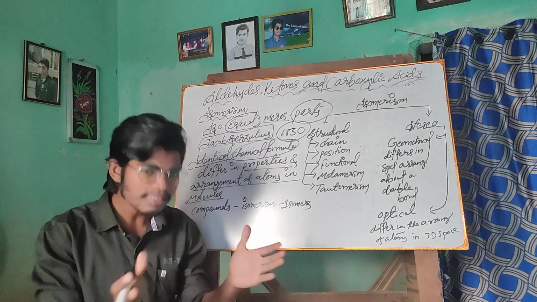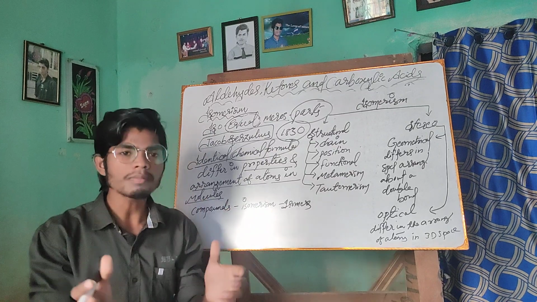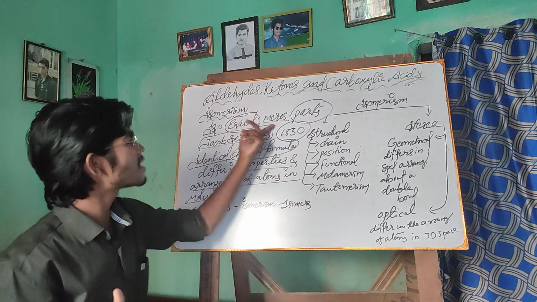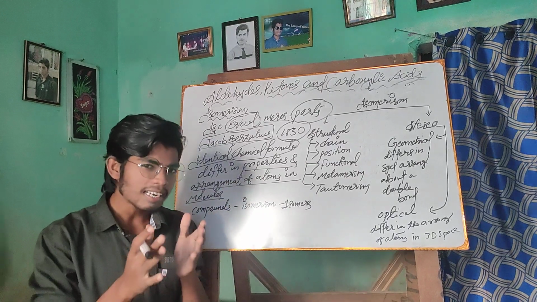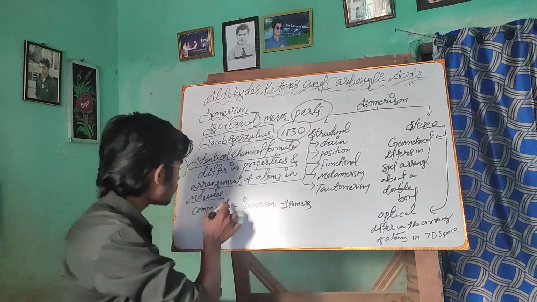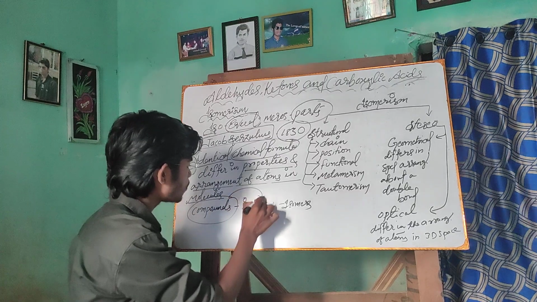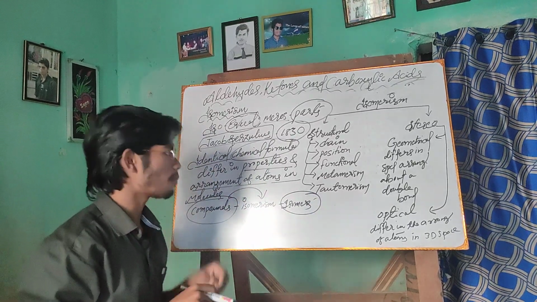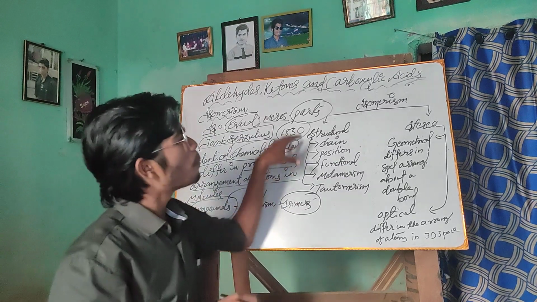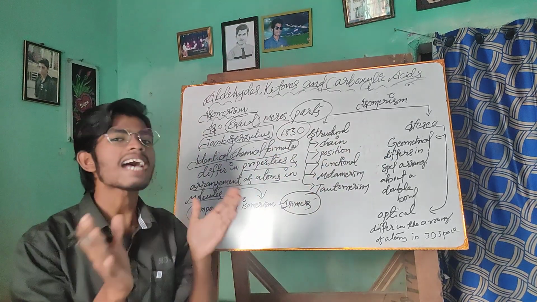If we split the term isomerism, then iso means equal and meros means parts, so equal parts or the same parts, that is isomers. And the compounds which exhibit isomerism are called isomers. This is what we need to remember from here.